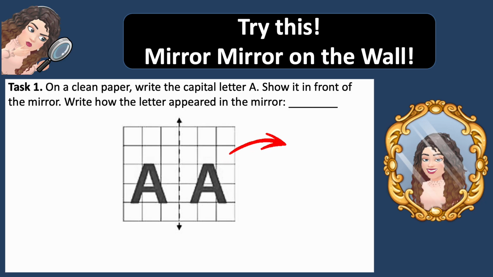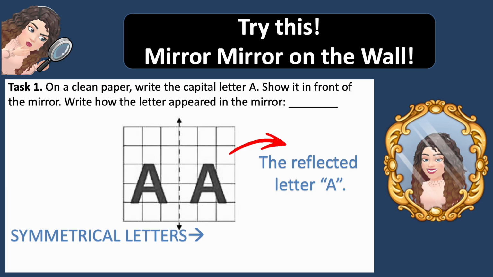The letter A is unique because it is vertically symmetrical. If you draw a line straight down the middle of the letter A, or what we know as a vertical line of symmetry, the left side is a perfect match for the right side. The mirror performs a horizontal flip, wherein it swaps left and right.